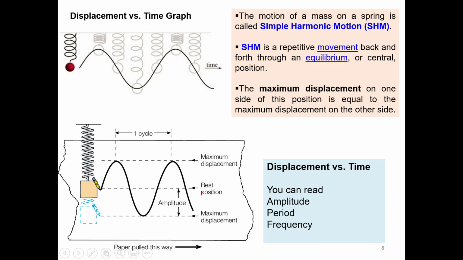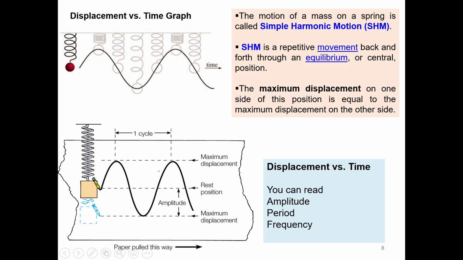If we have this graph, distance versus time, we can identify, using this graph, the amplitude of the motion as the maximum displacement from the equilibrium position. And this is the amplitude. Also, we can identify the cycle as a complete vibration.